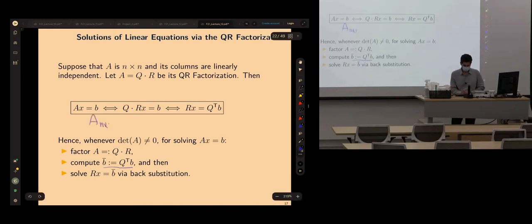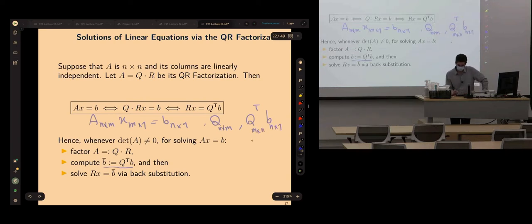A is n by m, x is m by 1, b is n by 1. Q is n by m, right? So Q transpose will be m by n, b is n by 1. Therefore, B bar is what? What is the dimension of B bar?